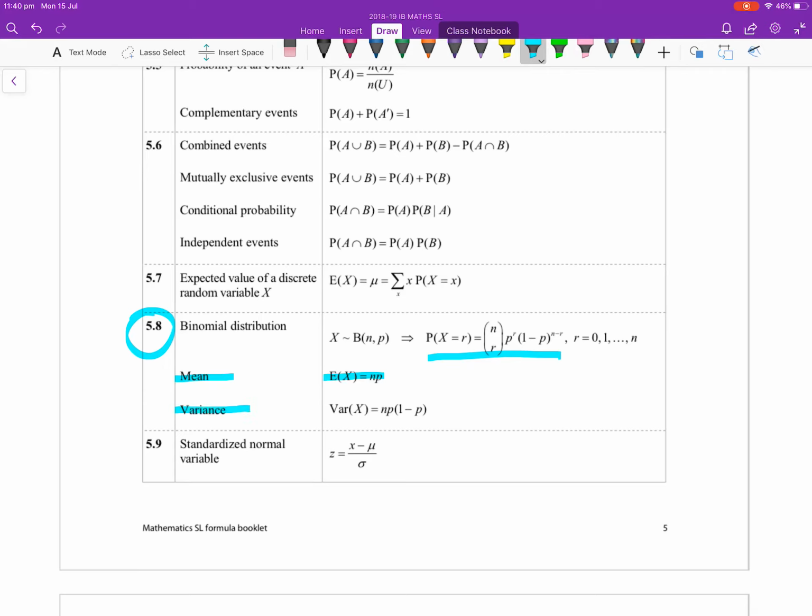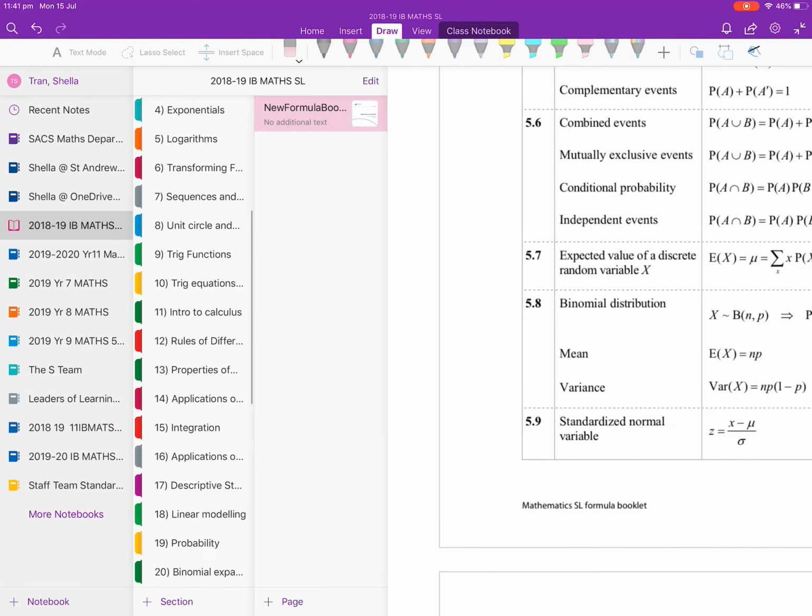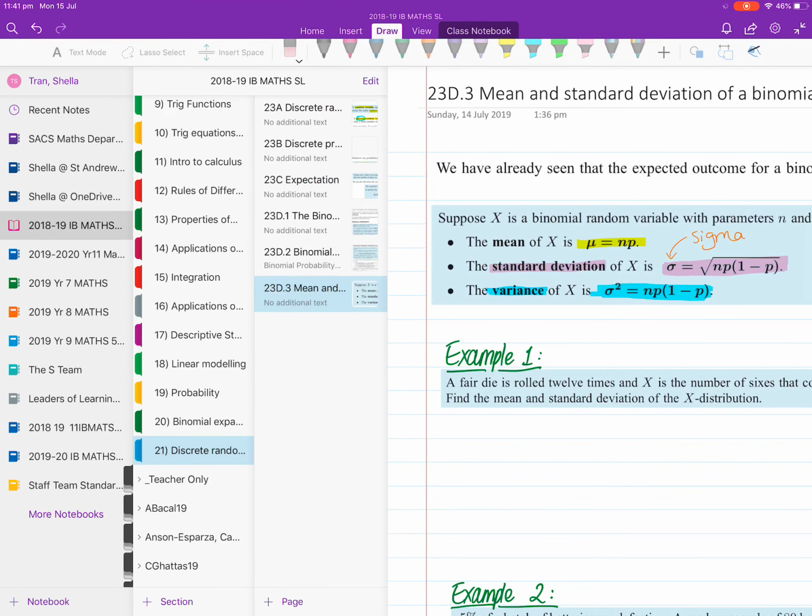And variance is here. They just use the word variance rather than writing sigma squared, which is our symbol for variance, and that's actually clearer for you. So don't stress about remembering them. Make sure you know how to use them and what they mean.